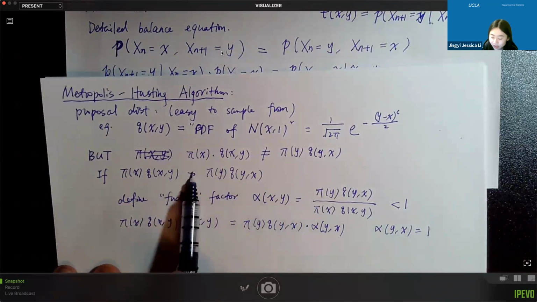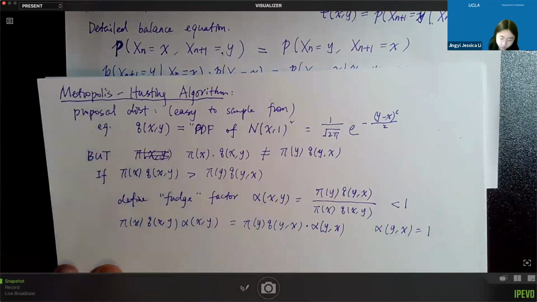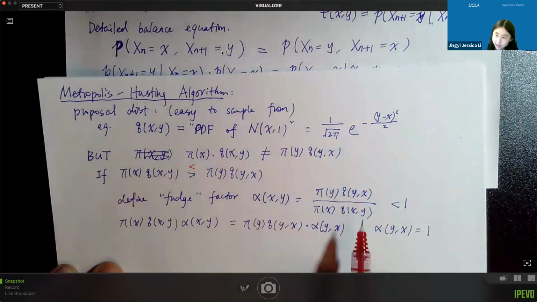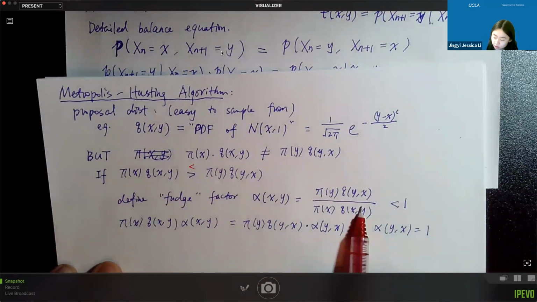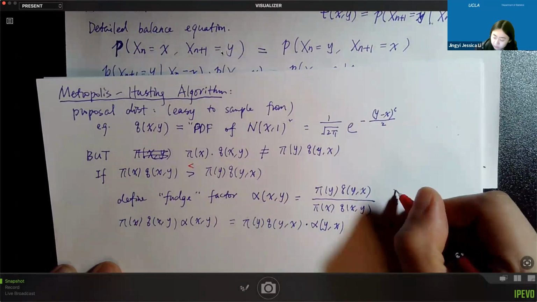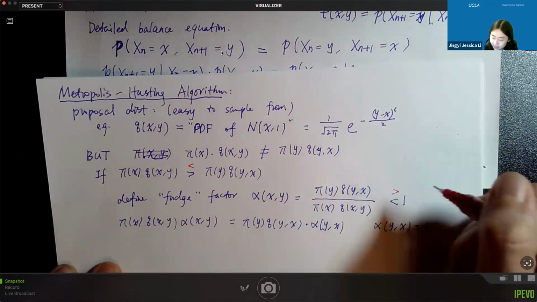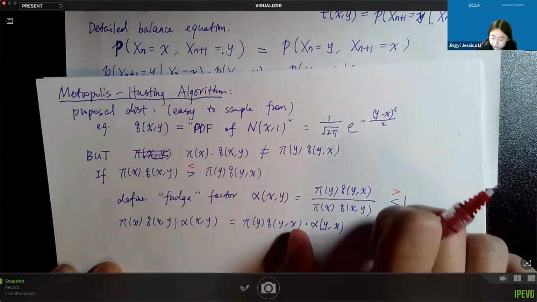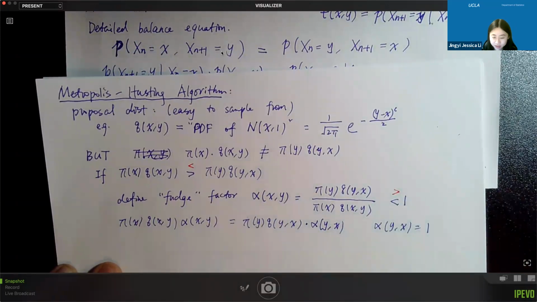You can see whenever I have this as less than, this factor will become greater than 1. Okay? And that's not so ideal for us because we want the factor no greater than 1.